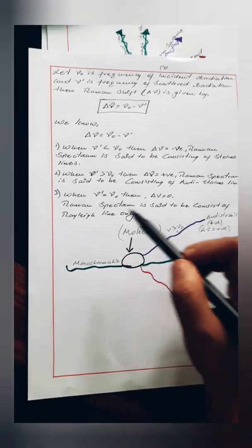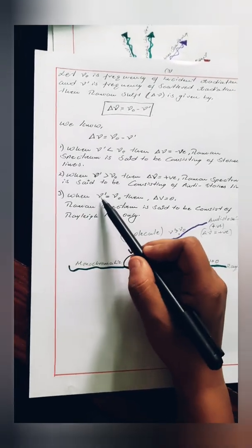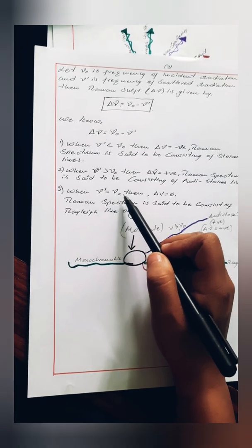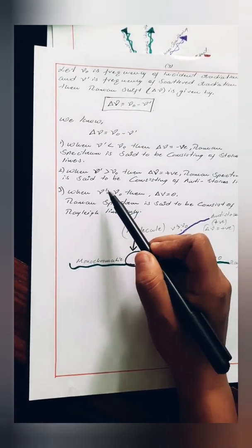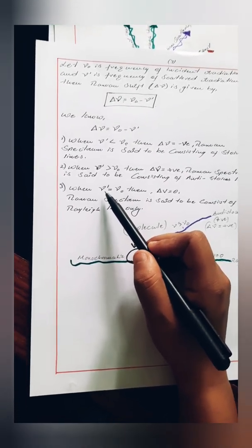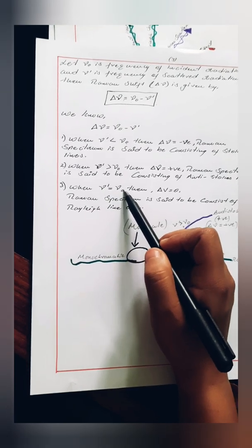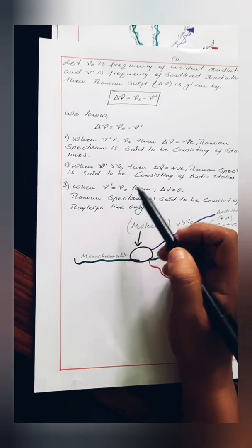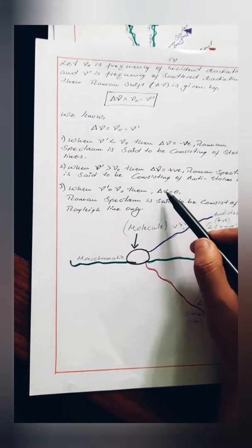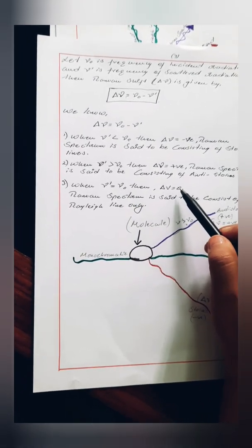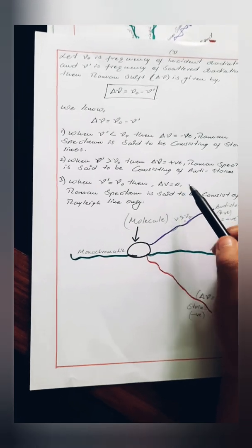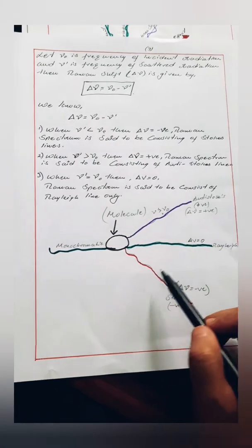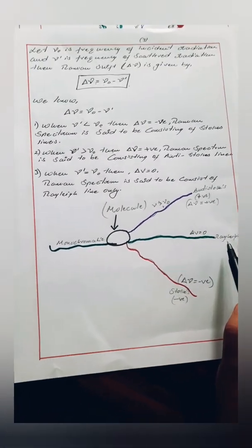And in the third case, when nu dash equals nu naught, when the frequency of the incident ray and the frequency of the scattered ray are equal, then delta nu, that is our Raman shift, will be equal to 0, since there will be no difference. Raman spectrum is said to consist of Rayleigh line only. This one, Rayleigh line only.